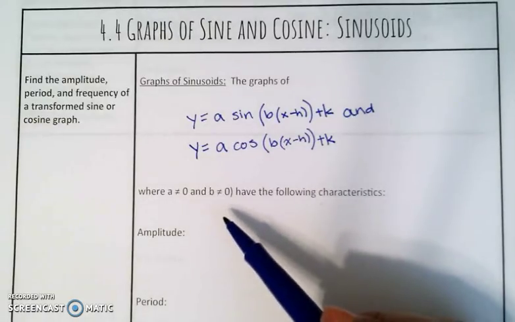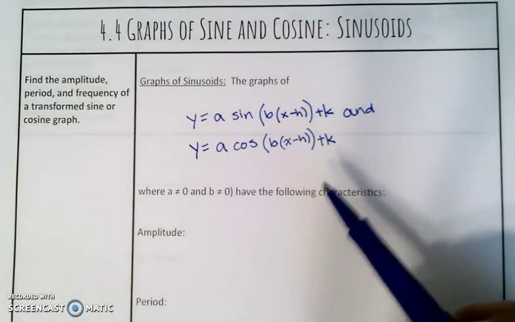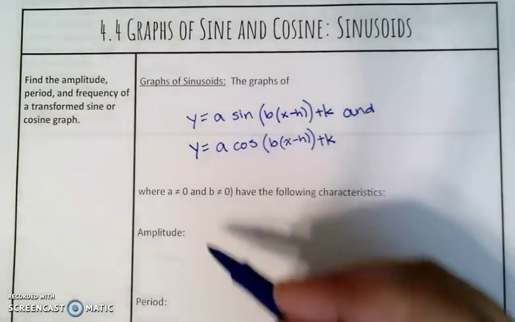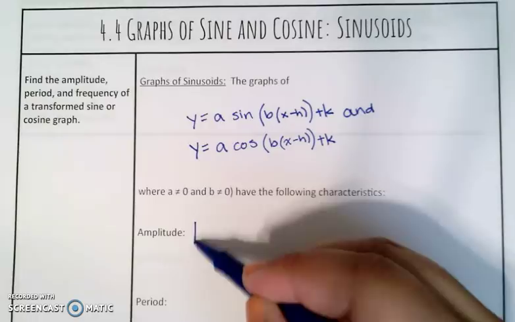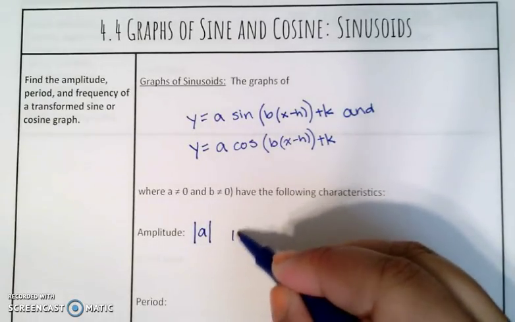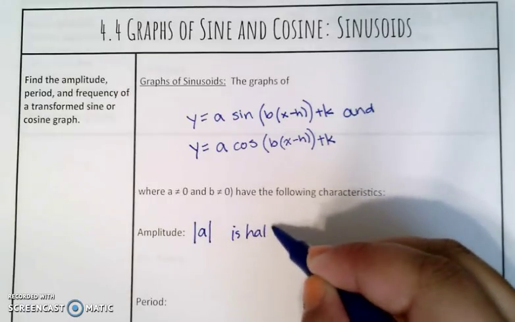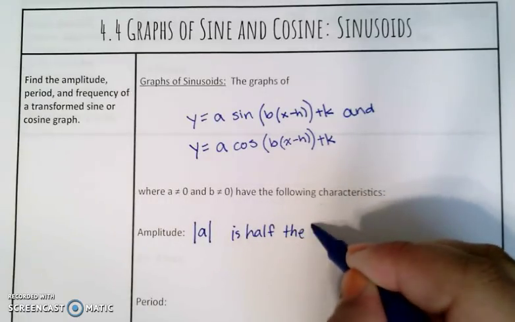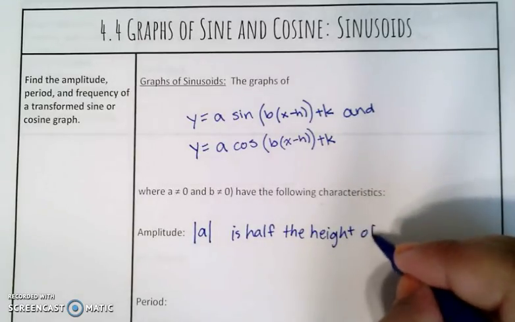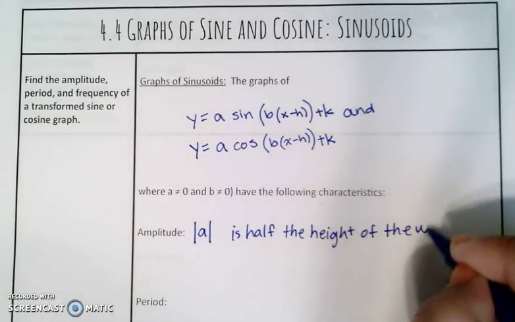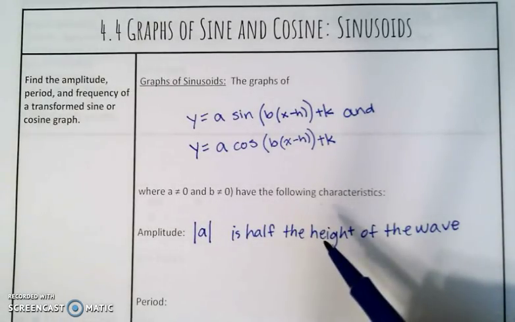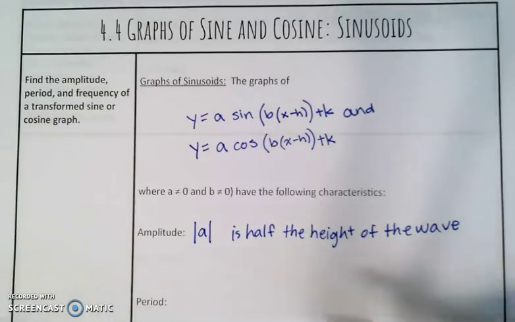A and b have to be non-zero, and then these two equations have the following characteristics. We can calculate amplitude to be the absolute value of a, where amplitude is half the height of the wave. So amplitude is the height of the wave from the midline.